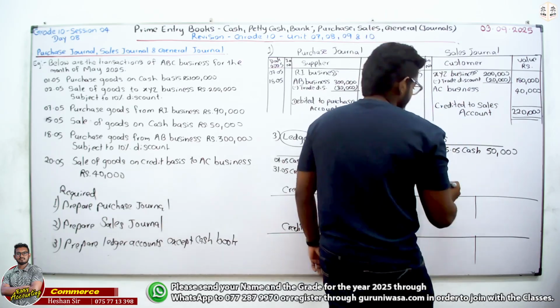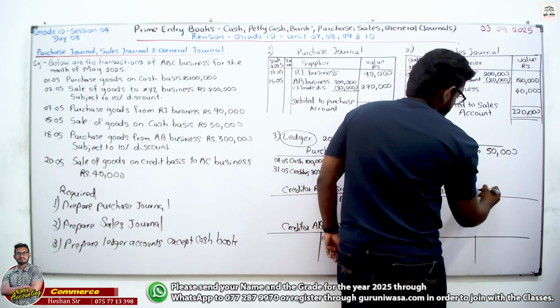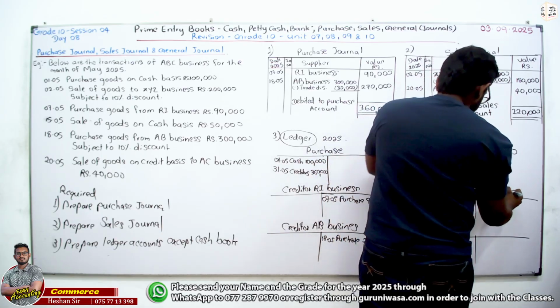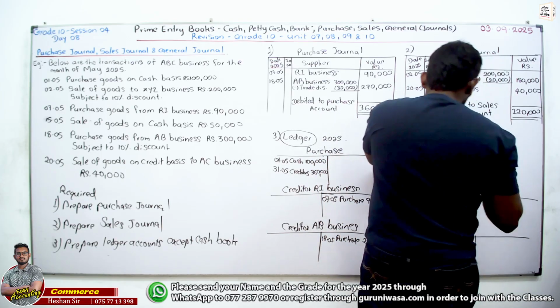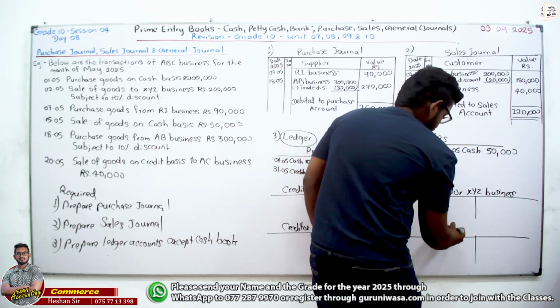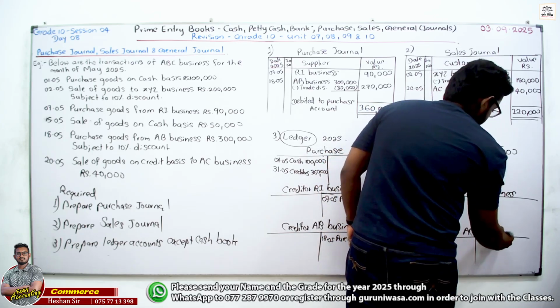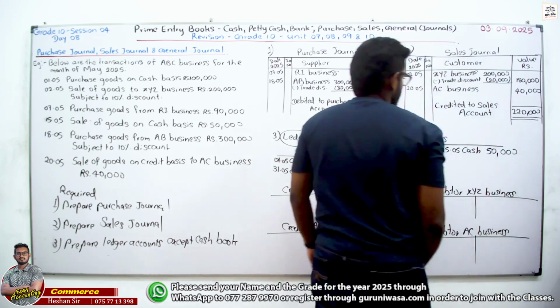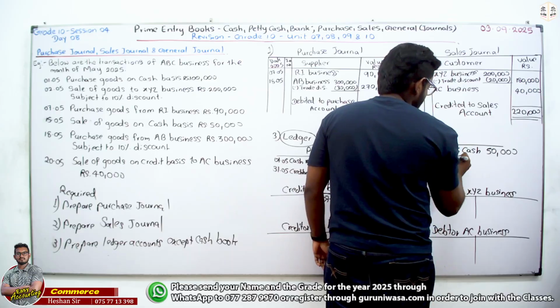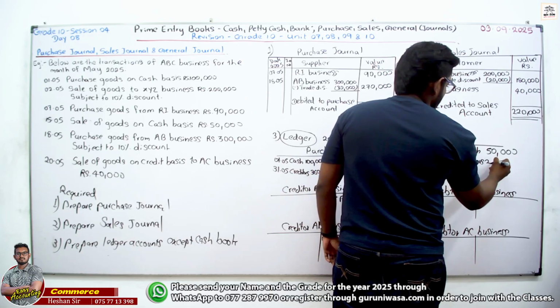So this is debtor XYZ, and debtor AC business. Right. Credited to sales account month end date as debtors 220,000.